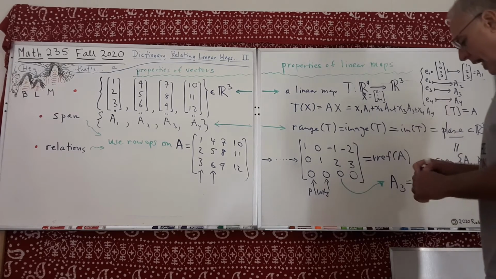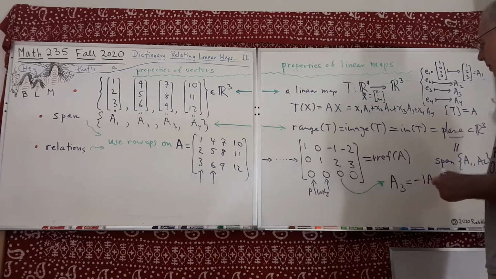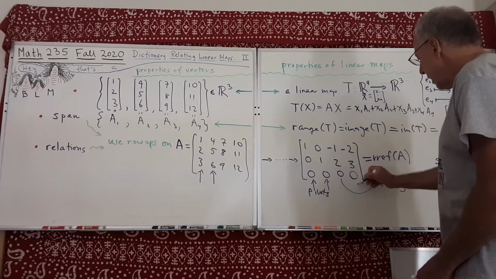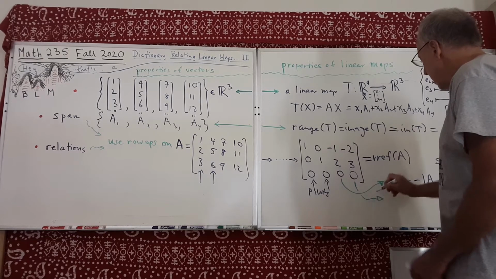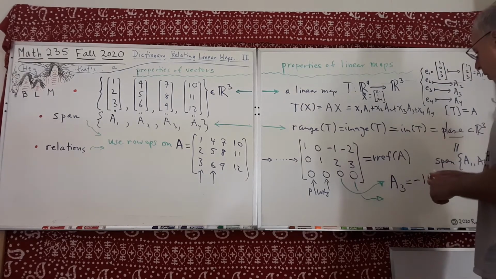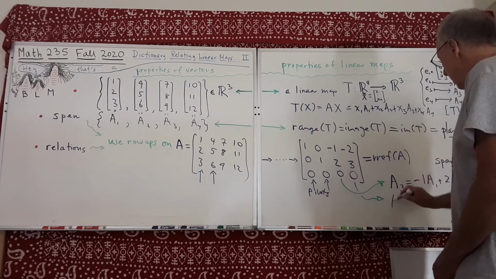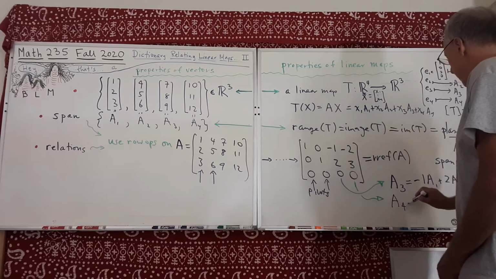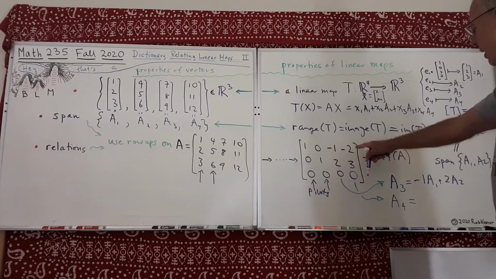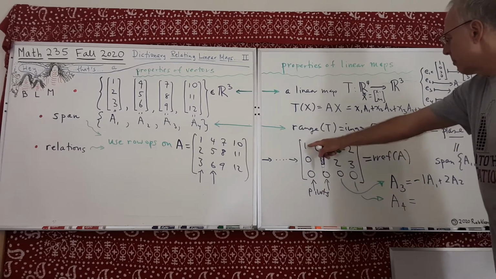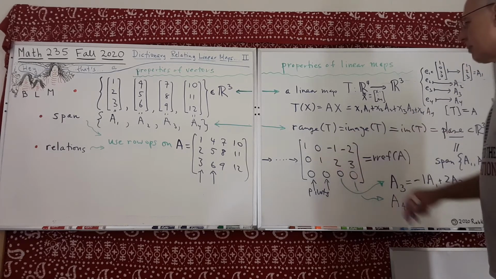And this fourth column tells us the linear relation expressing A4 as a linear combination of these guys. Same idea. This column is -2 times the first column plus 3 times the second one.